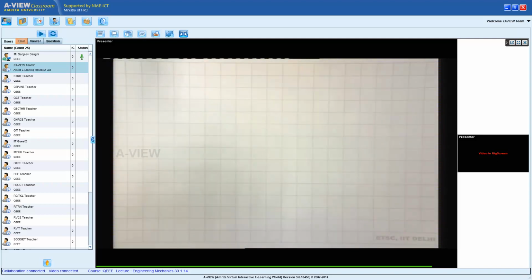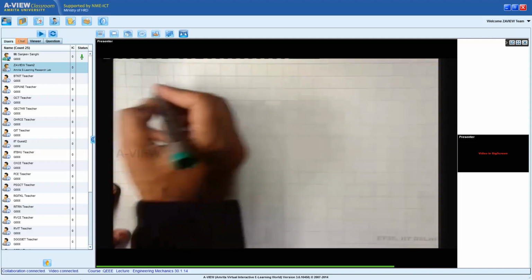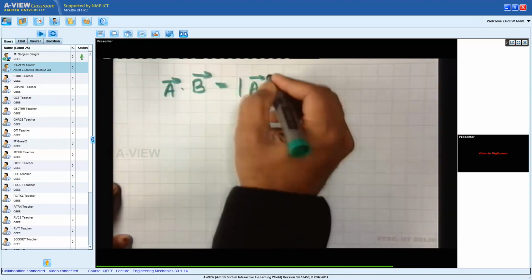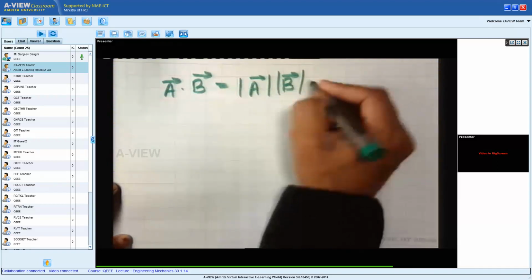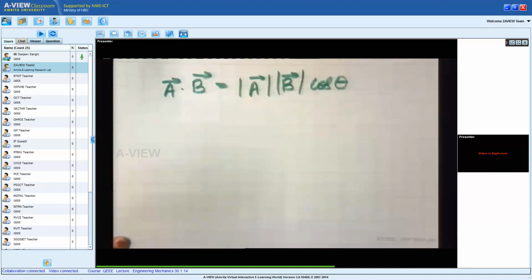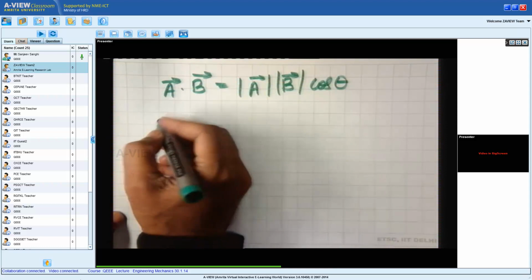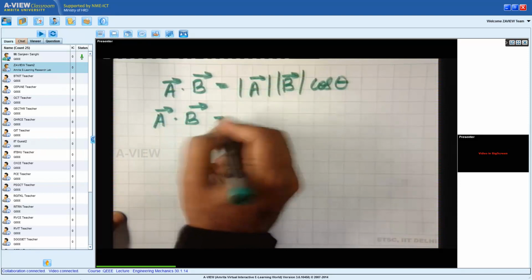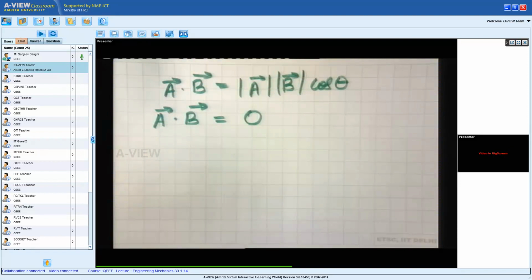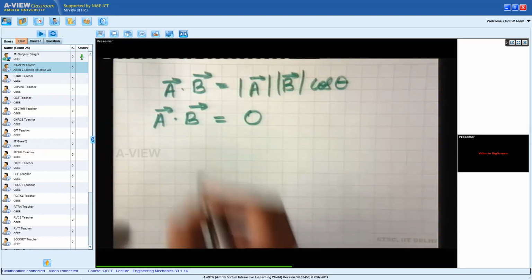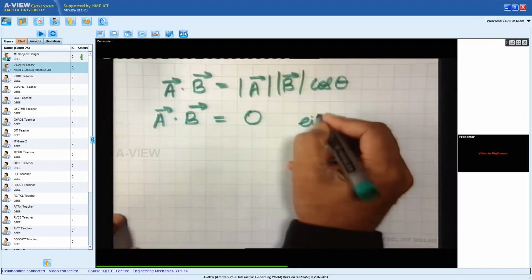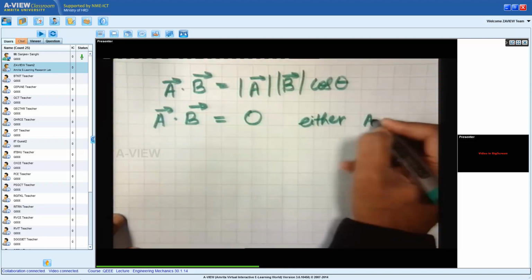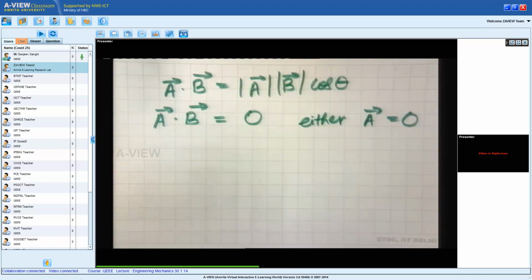In a dot product, what we have seen is A dot B, which is a scalar quantity, equals magnitude of A, magnitude of B, cosine theta. Now if A dot B is 0, what does this mean? This could mean three things. It could be either that the vector A is 0, and if it is 0, its magnitude will also be 0.